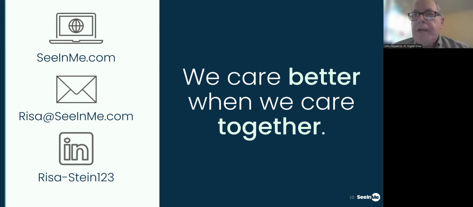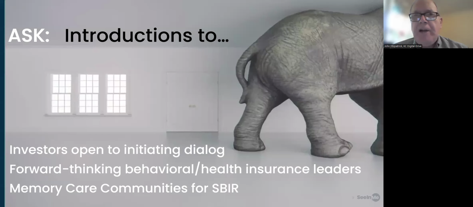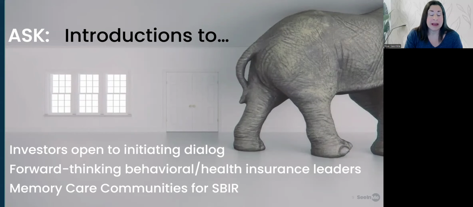Risa, you had indicated that you're looking for another memory care site. Are you wanting that specifically for the SBIR, or is that separate? Well, any population I can get to assist in the beta test and the data collection would be welcome. But the SBIR I proposed does require 2 sites.